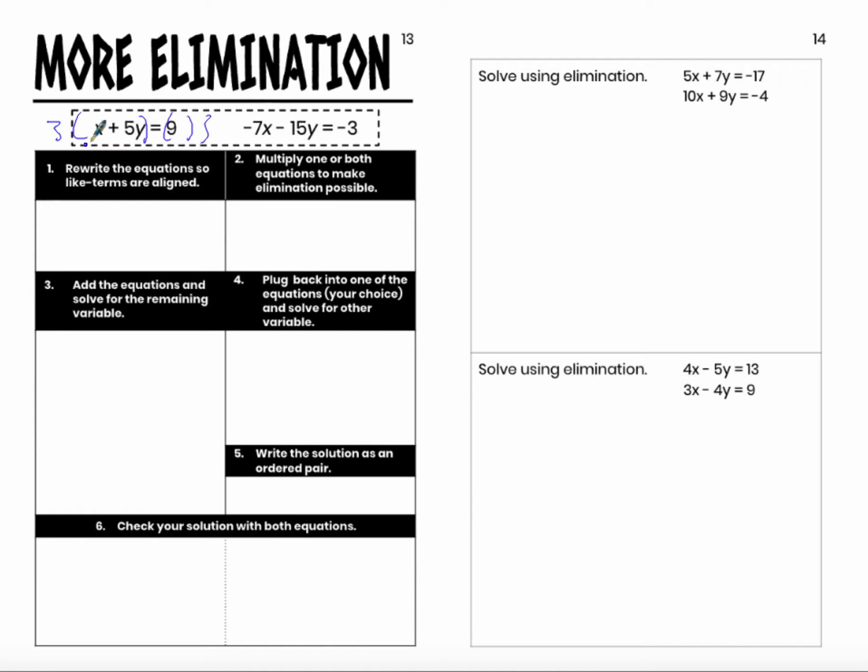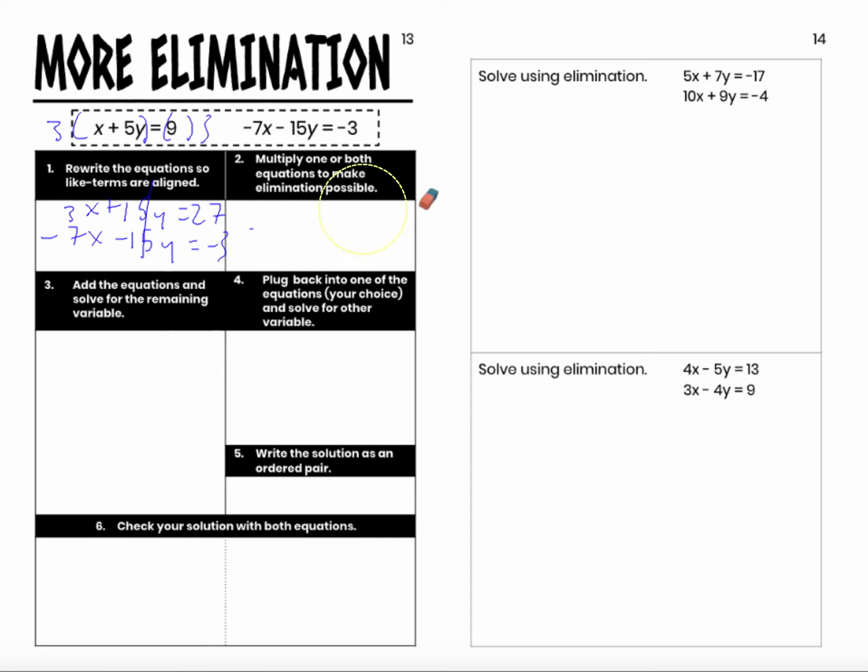So I'm going to multiply both sides of the equation by 3, not just putting a giant parentheses. We're multiplying the left side, parentheses, right side, parentheses. 3x plus 15y equals 27. So now when I add these two equations, 15y plus negative 15y, or 15y minus 15y, I end up, oh, I was supposed to do that step here.